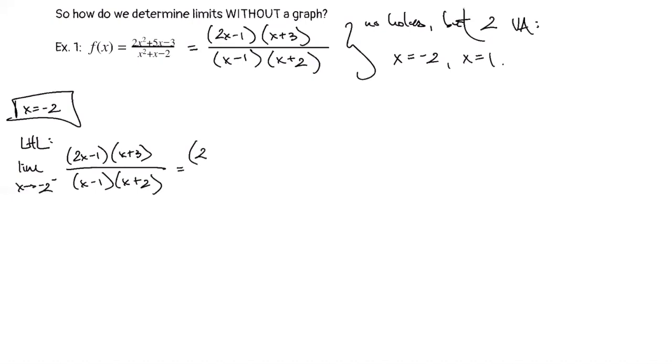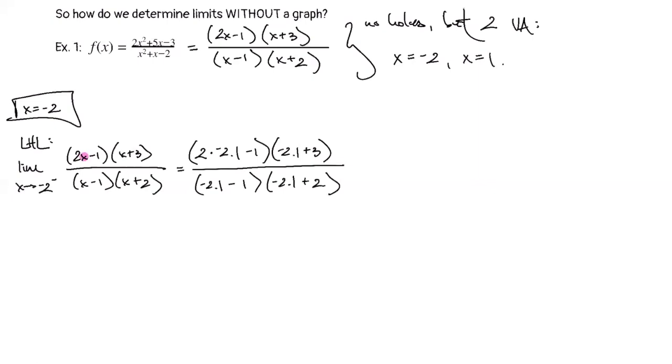So 2 times negative 2.1 minus 1, negative 2.1 plus 3, negative 2.1 minus 1, negative 2.1 plus 2. Everywhere that I saw the x, I plugged in that number. That's all I did.